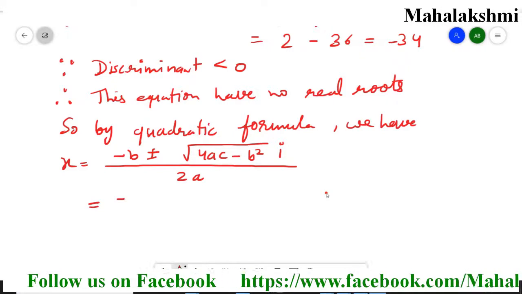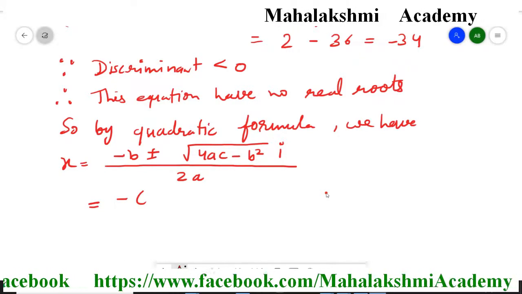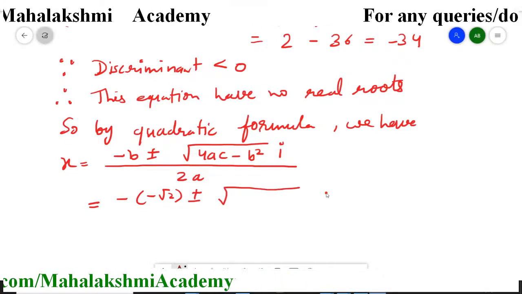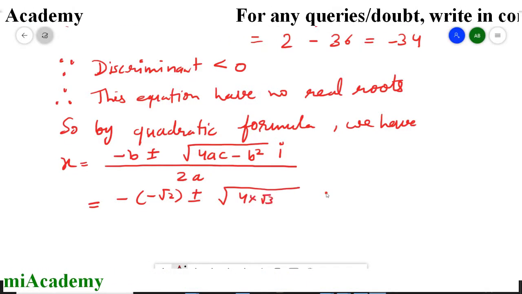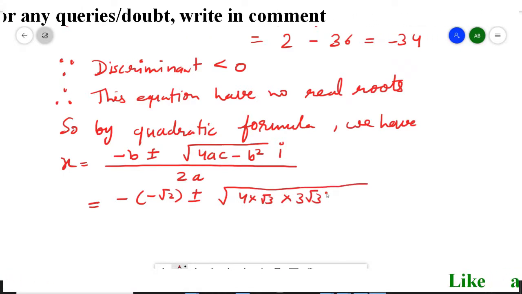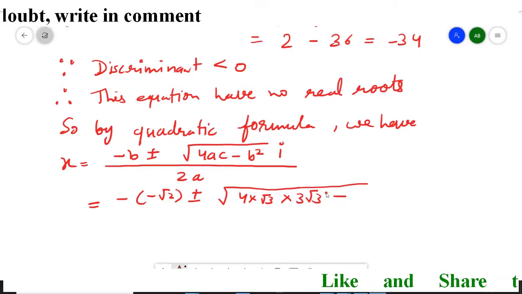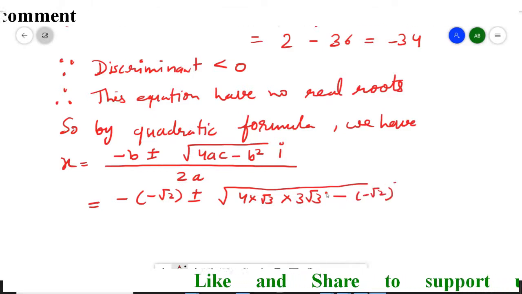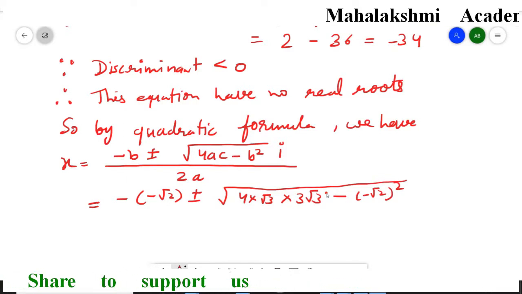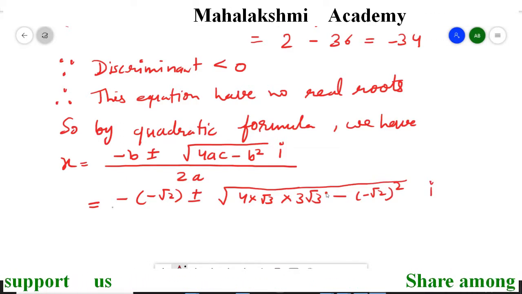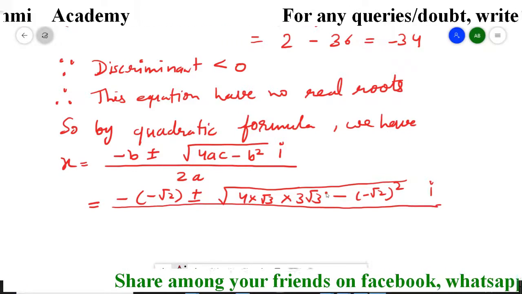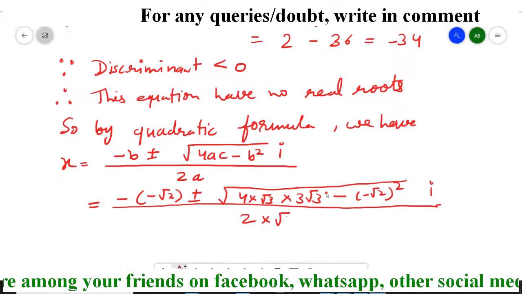So minus b is minus root 2, then plus minus 4ac, so 4 into root 3 multiplied by 3 root 3, then b square is minus root 2 square, and iota in multiplication. Now this whole divided by 2a, so 2 multiplied by root 3.